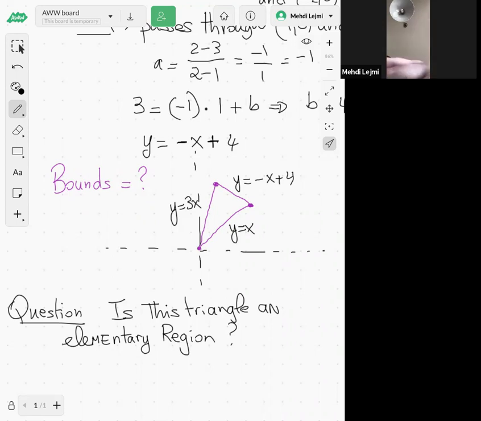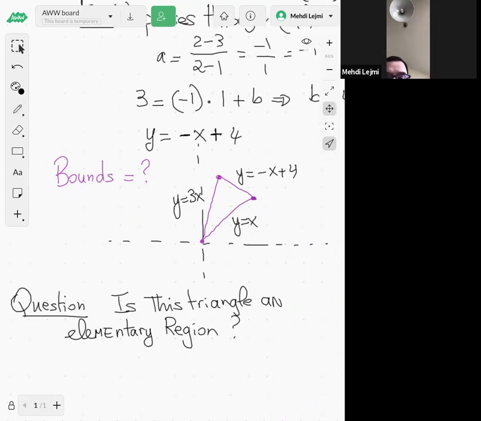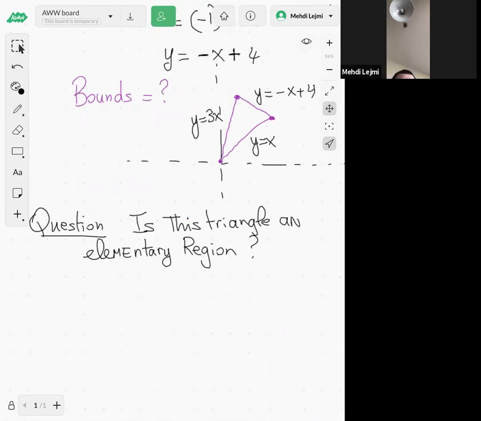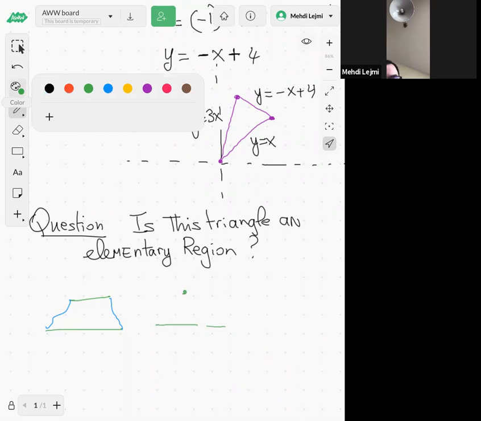So remember guys, in order to be an elementary region, there are basically two main cases. Either you have two parallel horizontal lines connected by the graphs of two functions, or a point and another horizontal line, or two points, one at the top and one at the bottom, connected by two graphs.